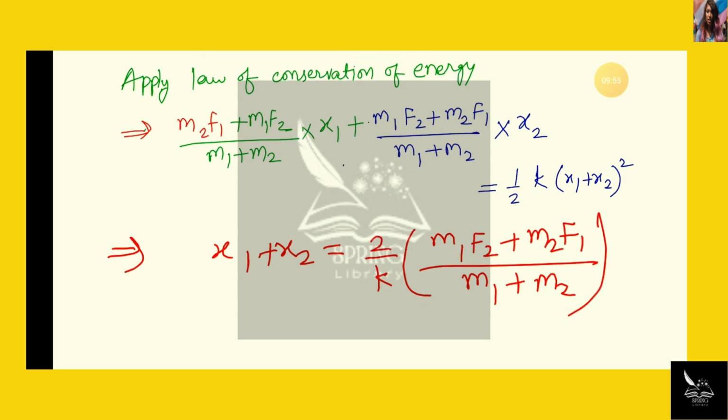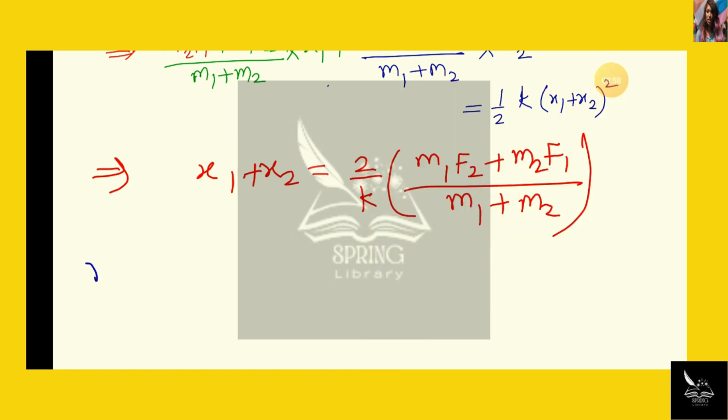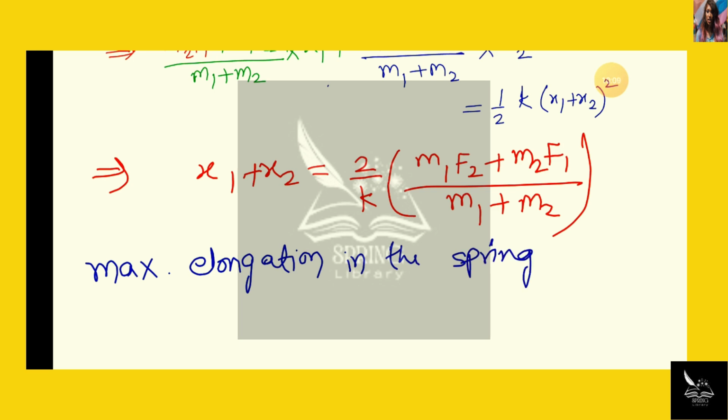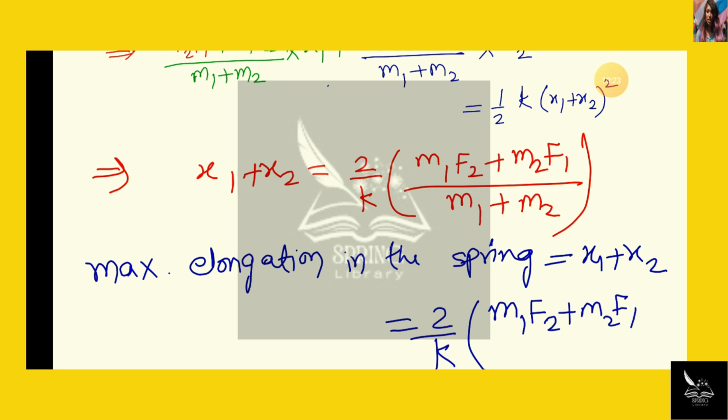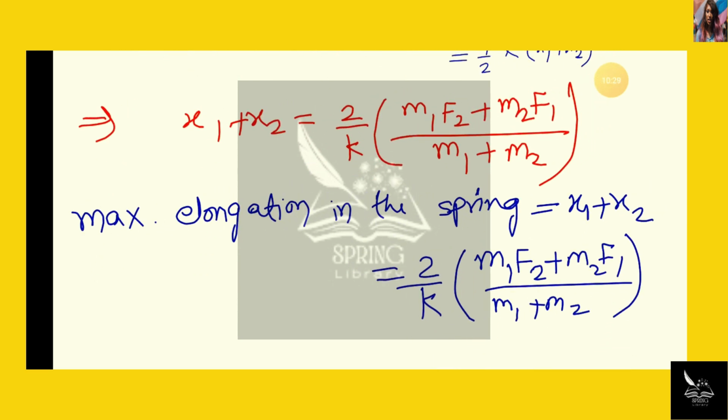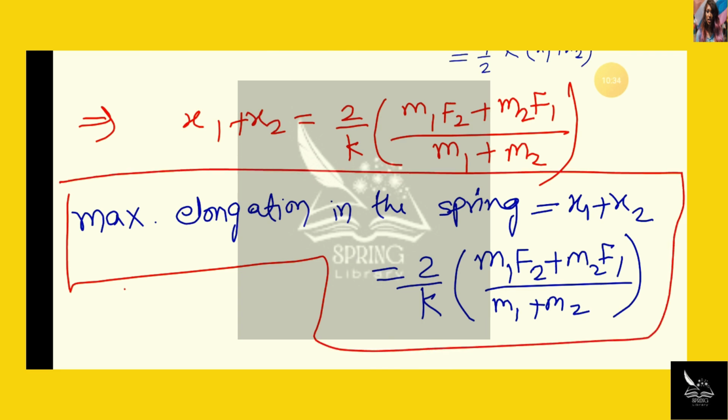So the conclusion is that the maximum elongation in the spring, x1 plus x2, will be equal to 2 over k multiplied by m1 F2 plus m2 F1 divided by m1 plus m2. So I have solved the question by answering the given question. So this is the answer. Thank you.